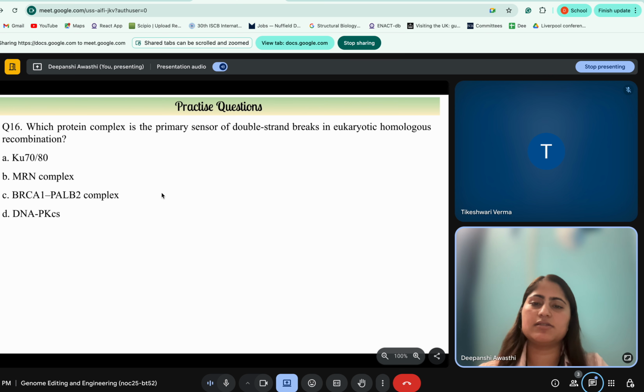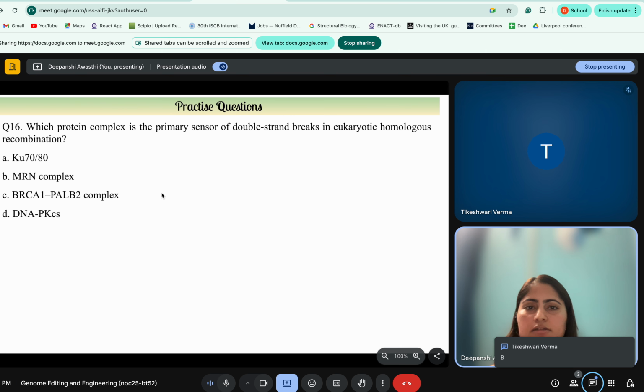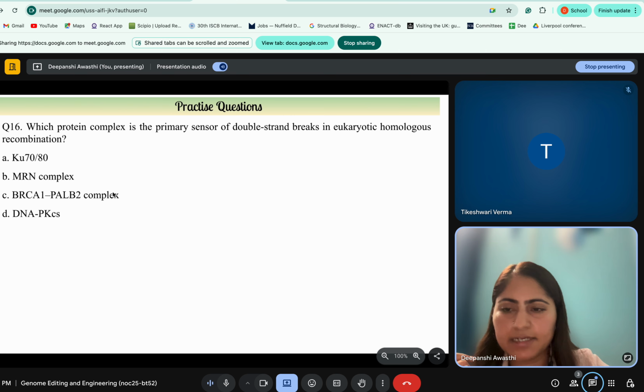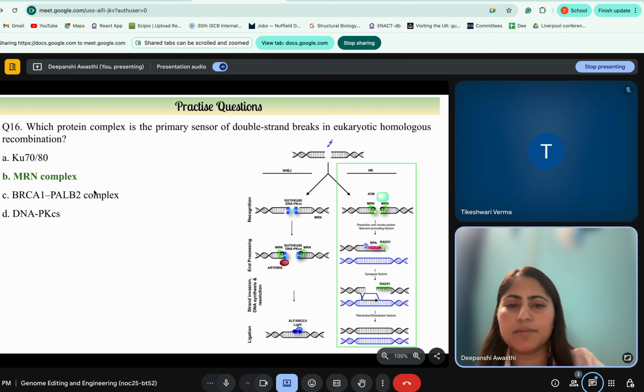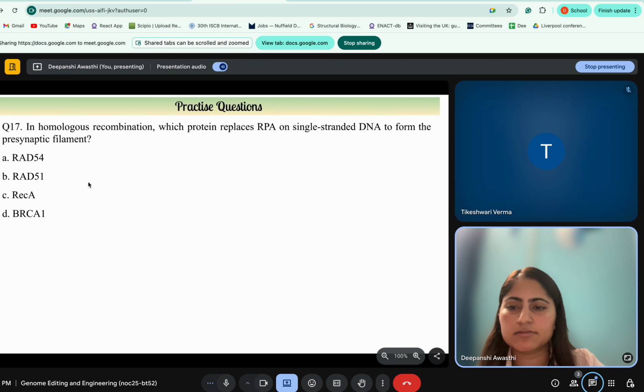So these questions are coming repeatedly because we've looked into these many times. By the end of this session, all these names will be on your fingertips. Okay, so you are right. The right answer is option B, MRN complex, as you can see here. So in homologous recombination, there is the MRN complex.